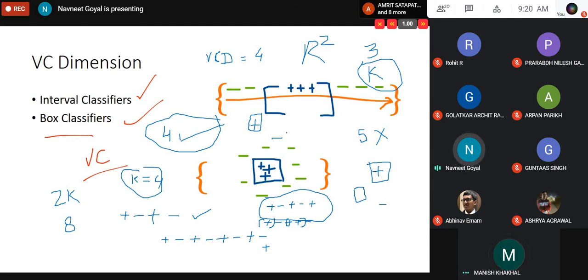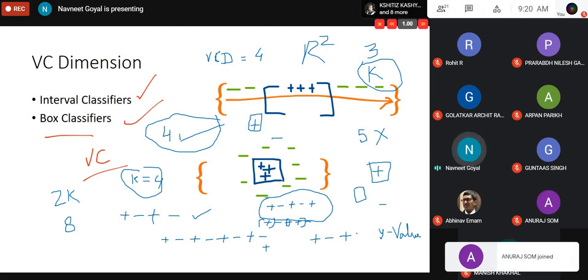So what you are saying is something like this: plus, minus, and plus, in a 2D space. All the points have the same y value and the x values are different, so they appear to be on a straight line.